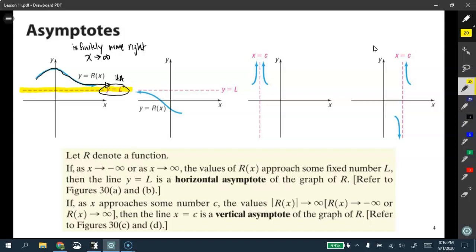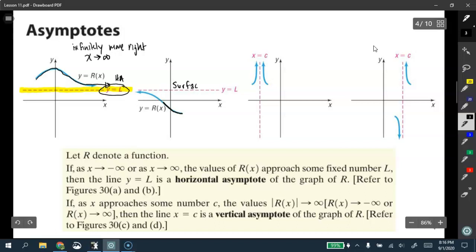It's a very similar situation, except let's suppose that you have a submarine and the submarine is moving in this direction and this is the surface of the water, right? What's happening is the submarine comes up, but it doesn't breach, it doesn't go past the surface of the water, it just stays below the surface.